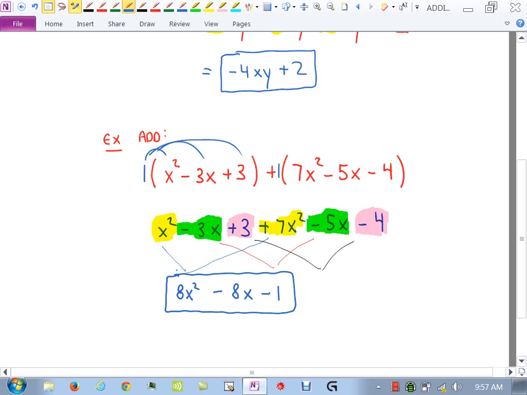Okay, next, let's move on because we're going to do subtraction now, all right? So subtracting like terms. What do you think the only difference is? Yeah, I mean, it's just going to do subtracting the coefficients instead of adding.